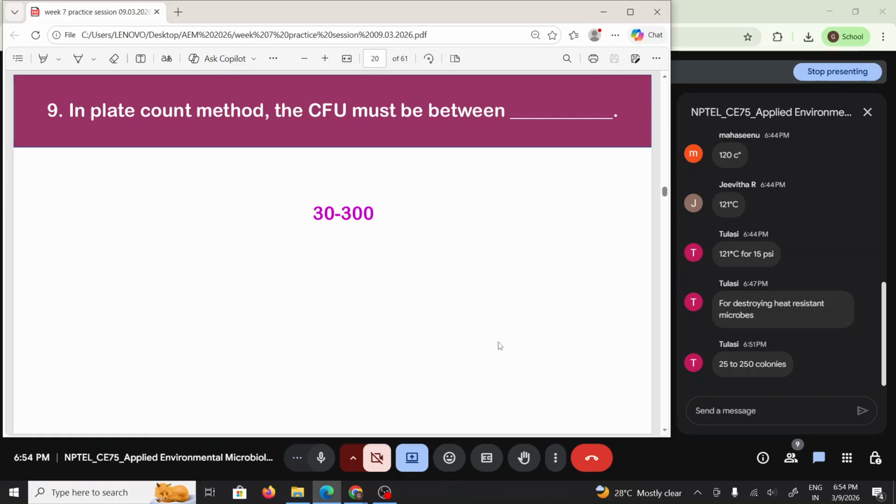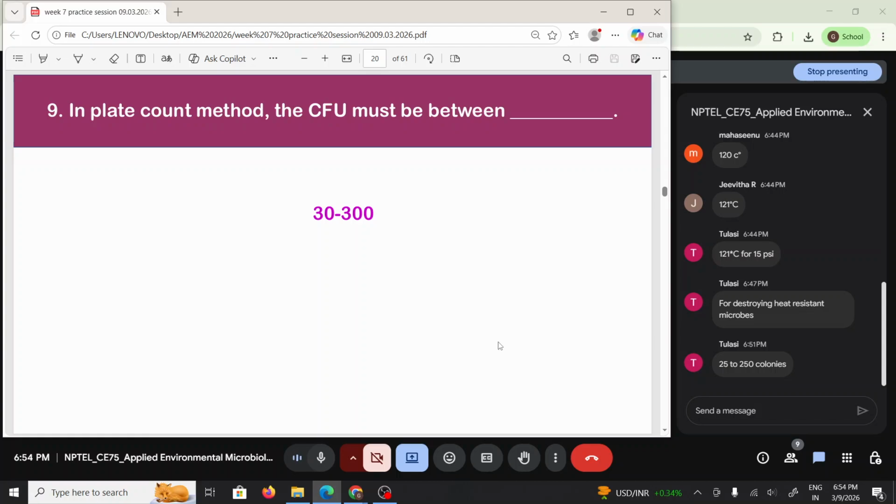So obviously 300 could be the upper limit, and your bottom limit differs between 15, 25, and 30. I have just used these USDA AOAC standards, and my answer is 30 to 300, and 25 to 250 is also right, and it depends on the context in which we talk.